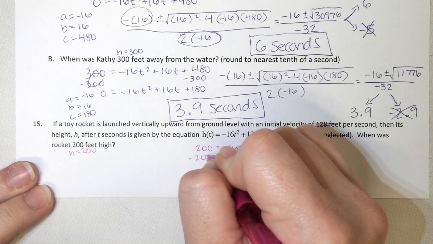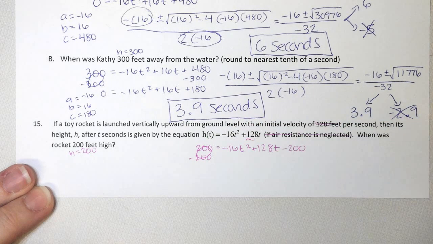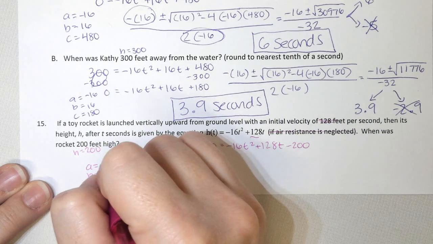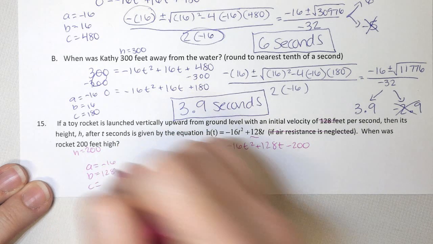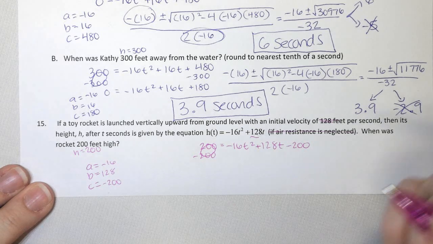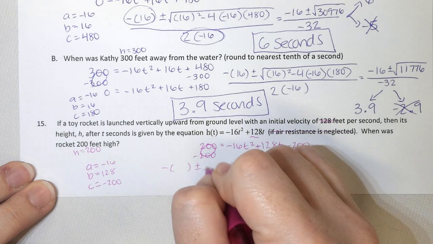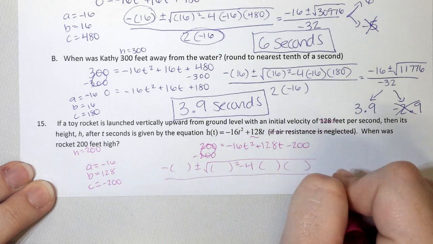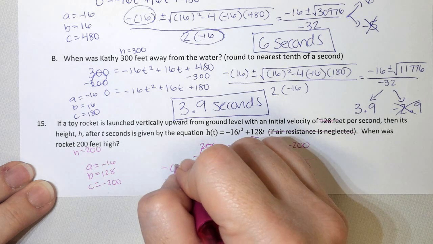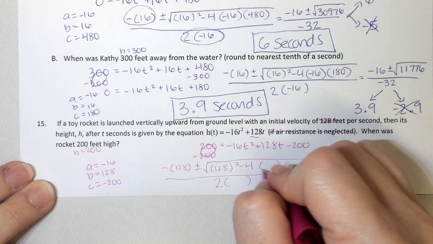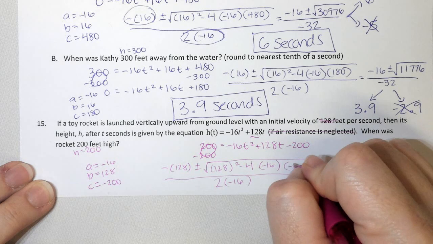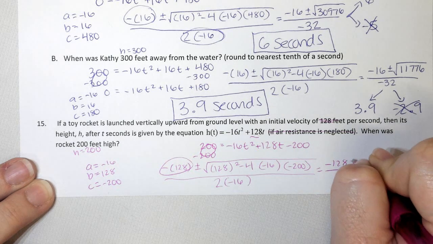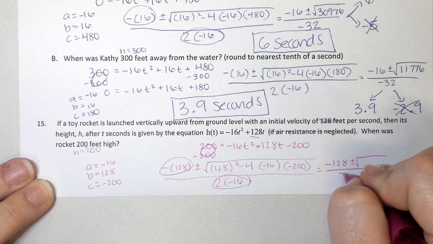So we would do minus 200, and now we have our A, B, and C. Okay, and then we simplify the pieces, so we get negative 128 plus or minus square root of something, negative 32.